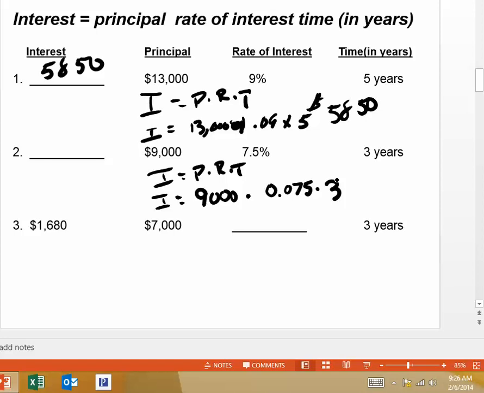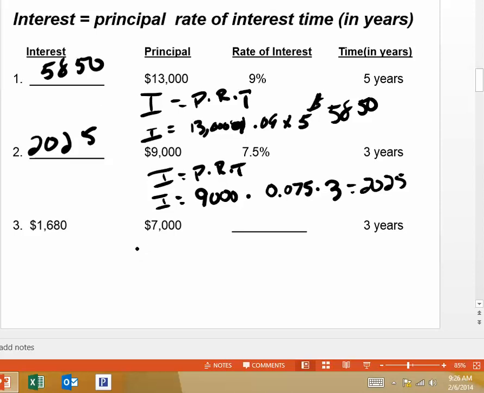So we punch that into our handy calculator: 3 times 0.075 times 9,000. Our interest would be $2,025. Remember, you would still owe the $9,000 in addition to that.